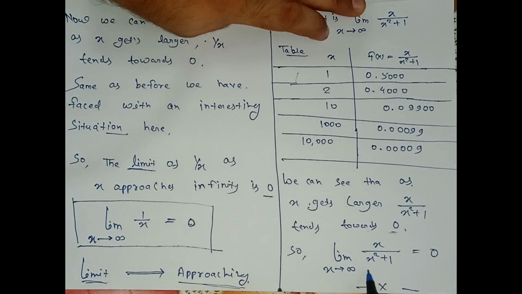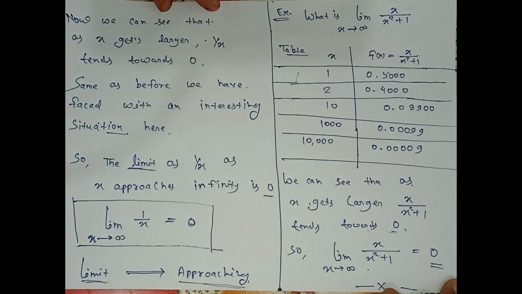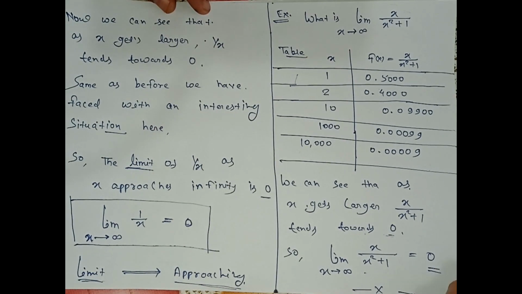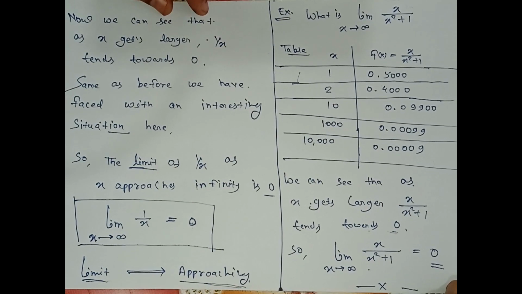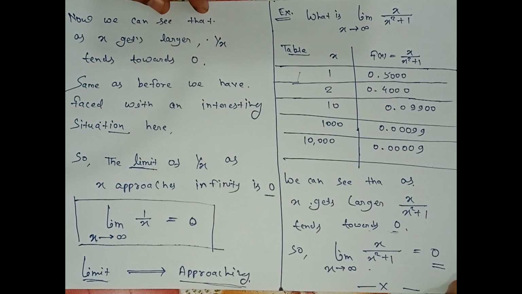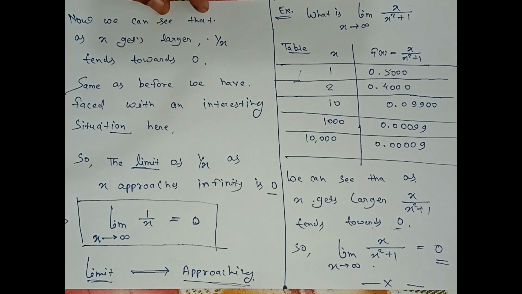So we can say that the limiting value of this function as x approaches infinity is 0. All right. I hope you understand this approaching infinity, and where the limiting value does not exist.